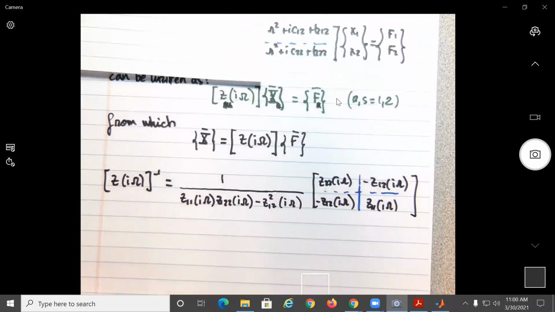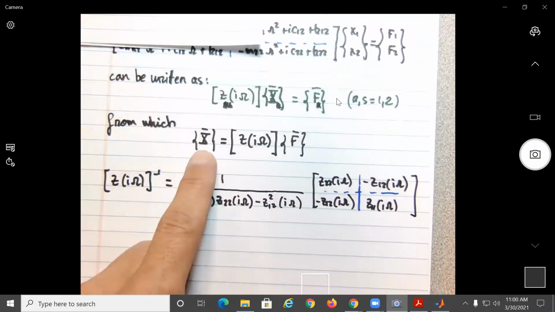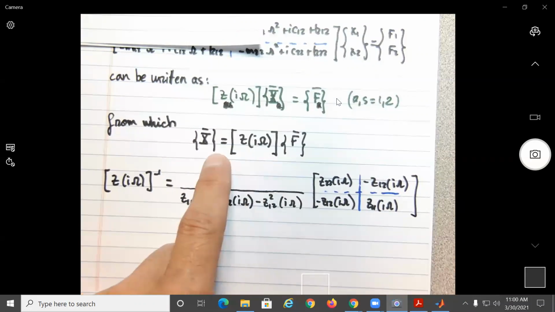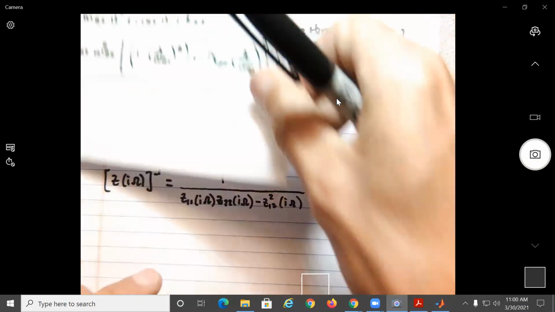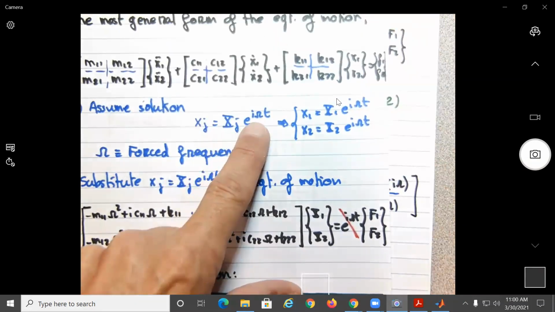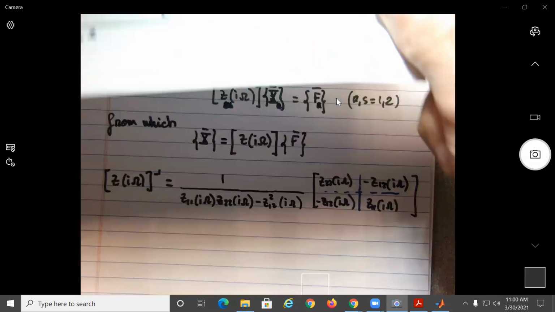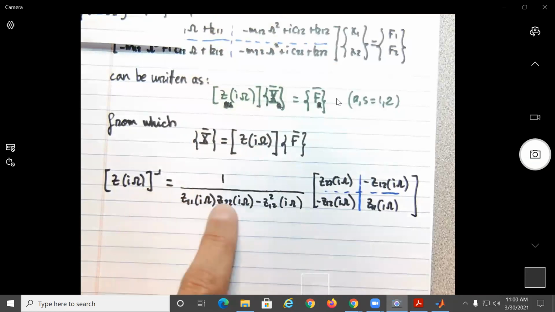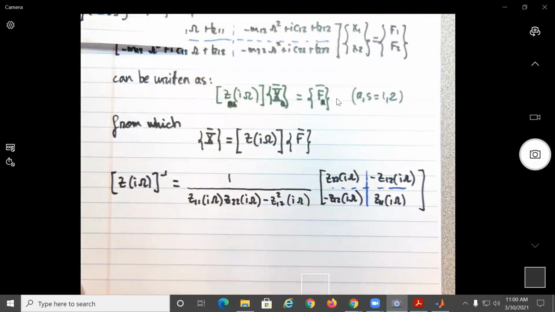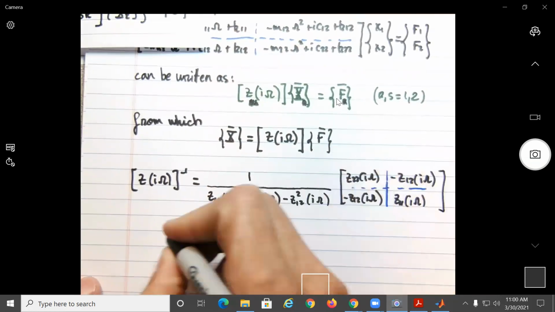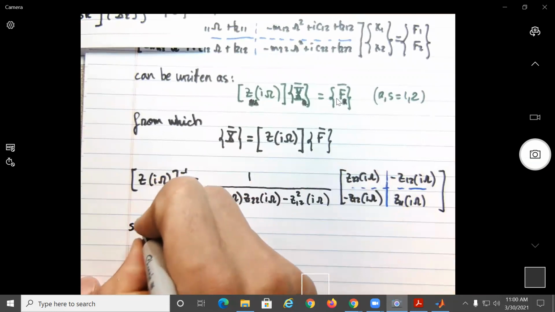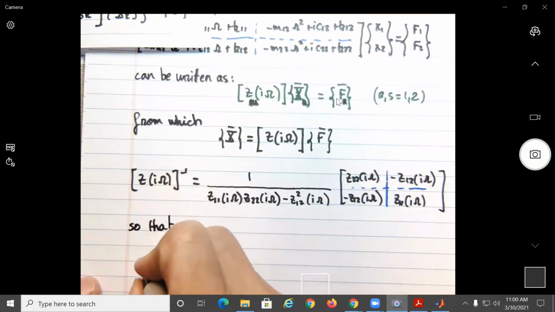Okay, let me write one last thing, because now we have the solution for x1 and x2. From the assumed solution, we know the force frequency, we need to find these values for x1 and x2. So we can find it from this equation here, knowing that this is equal to this, you substitute by the force. This will give you that, and I will stop over here.